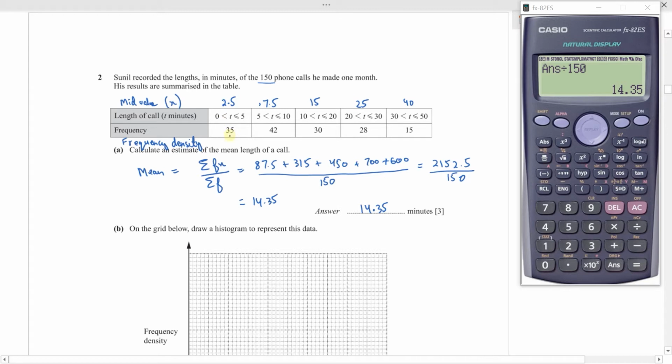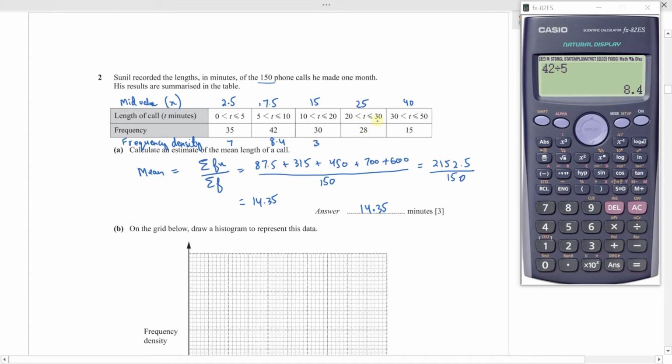So 35 divided by 5 will be 7. Here 42, again the interval length is 10 minus 5, 5. So 42 divided by 5 is 8.4. 30 divided by the interval length, 20 minus 10, which is 10, is 3.